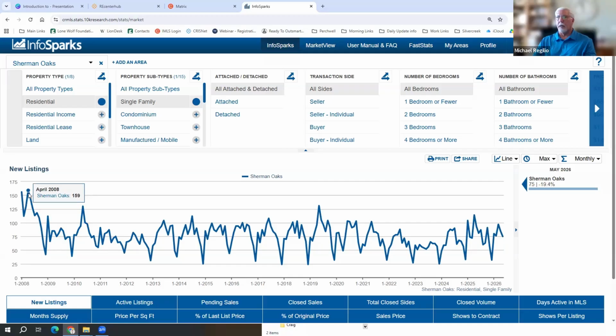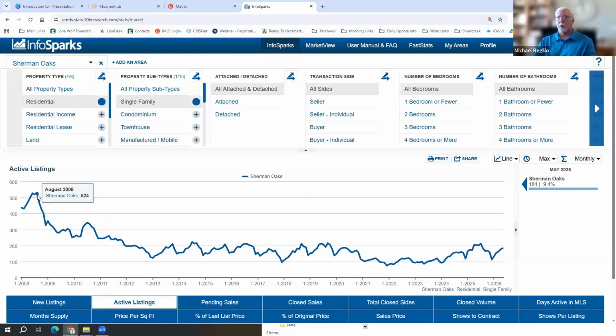So in 2008, there were 159 new listings. There were 524 listings on the market in 2008. And we remember those days. And now we're at 184.